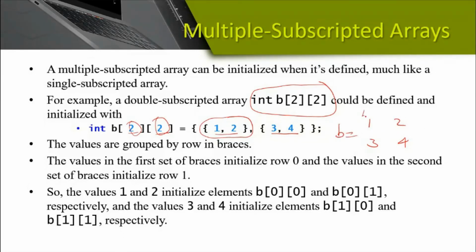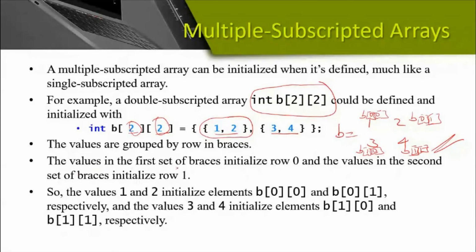So this is b00, this is b01, this is b10, and here it is b11. This is how the elements in a multi-dimensional array are initialized.